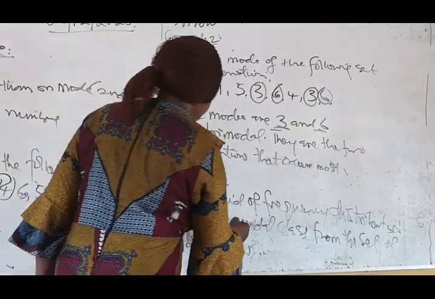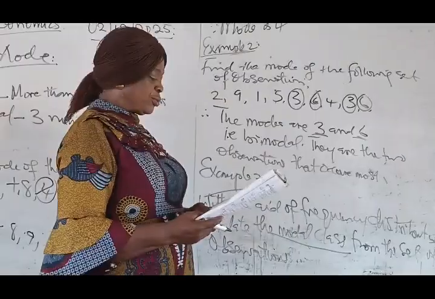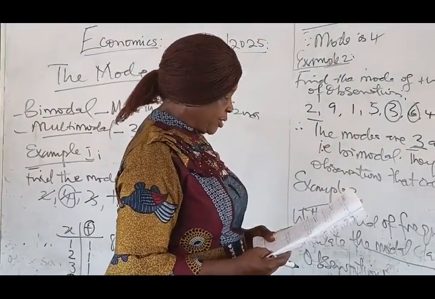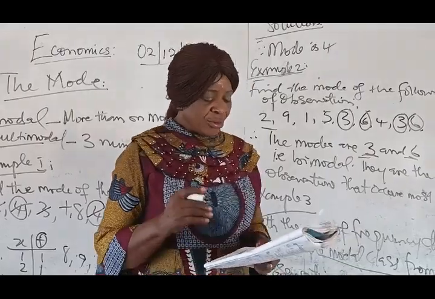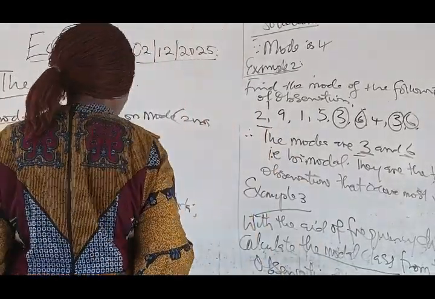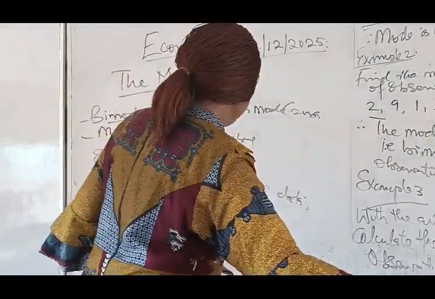Meaning you have to calculate the mode using a frequency distribution. Even when you are not told to use frequency distribution, from the figures you should be able to know that you are to use a frequency distribution table.